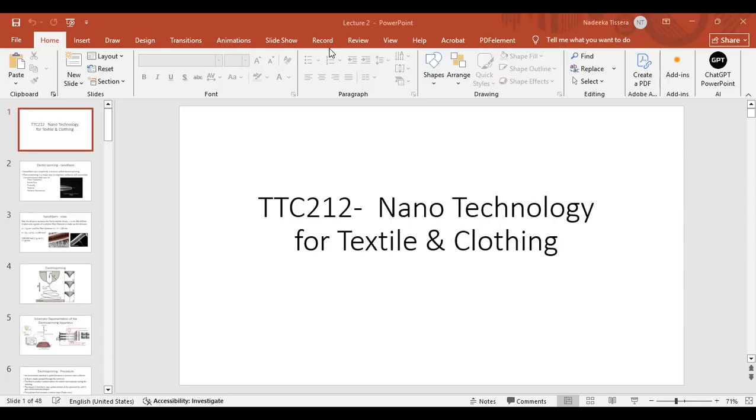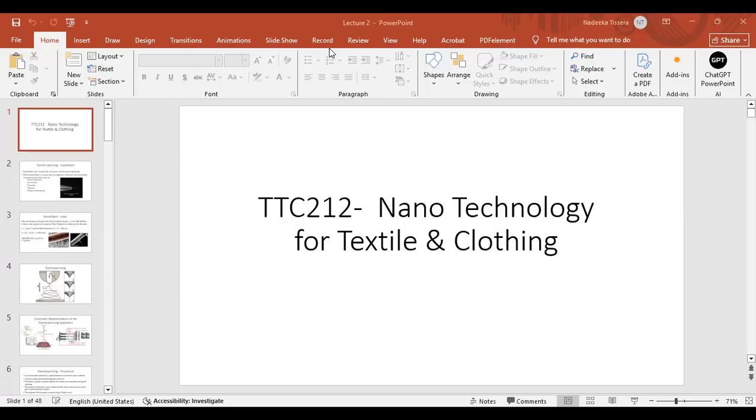And also we have looked at why people use nanotechnology. Three main aspects we have discussed. And then we have looked at the techniques available and their categorization. There are two categories of nanomaterial fabrication methodologies.